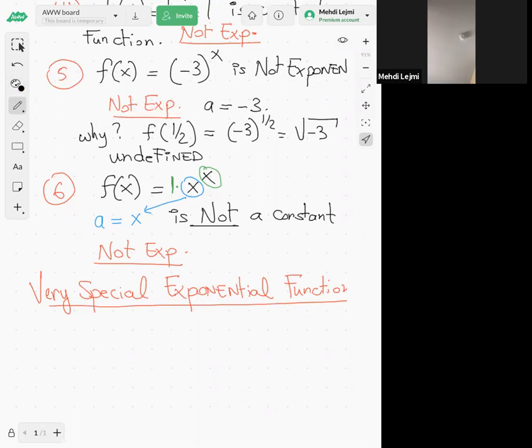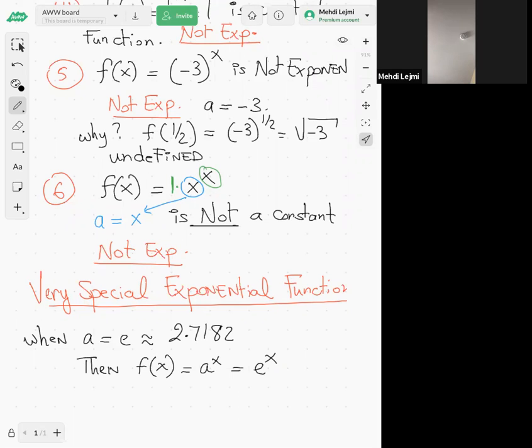So when a is equal to e, this e is approximately 2.7182, right? Then this f of x, which is a to the power x, would be e to the x, all right? So what's special about this exponential function when a is equal to this number e, 2.71, etc.?